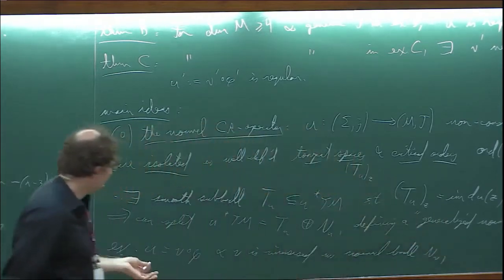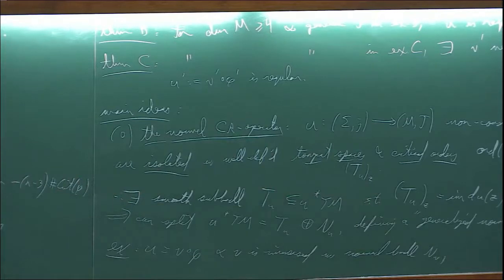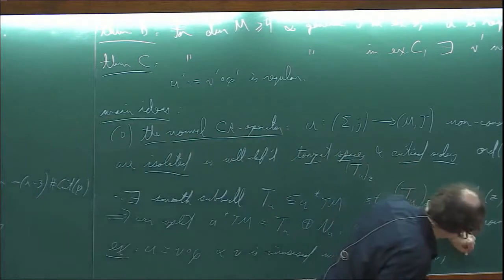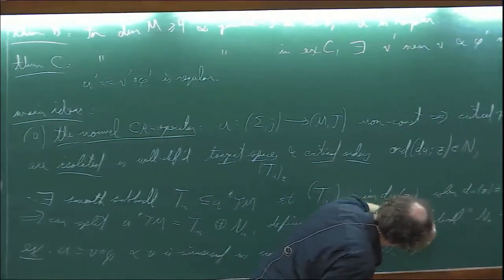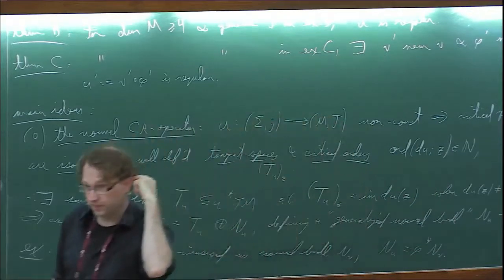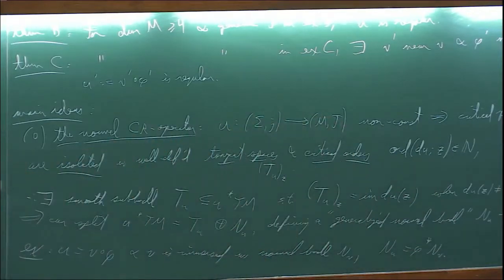Now, u in general will not be immersed. It'll have a critical point wherever phi has a branch point. But it's sort of obvious what the generalized normal bundle of u should be. You just take the normal bundle of v and you pull it back. And N_u is just phi* of N_v. So that's somehow the most important special case.